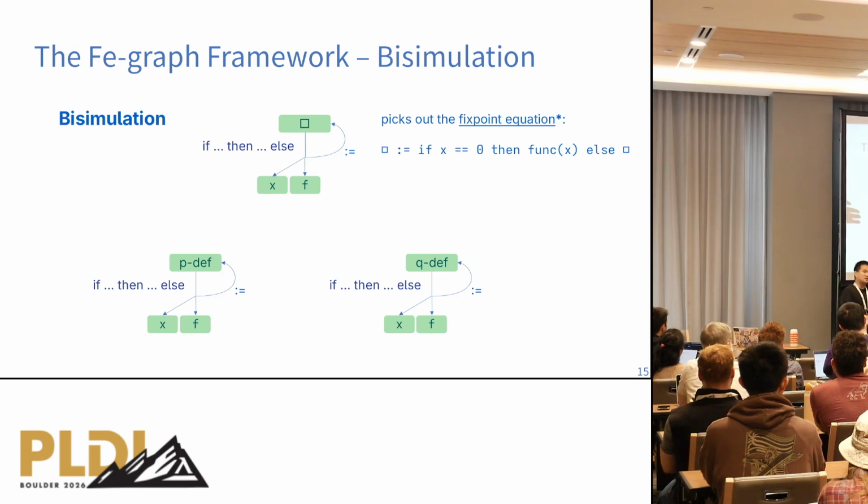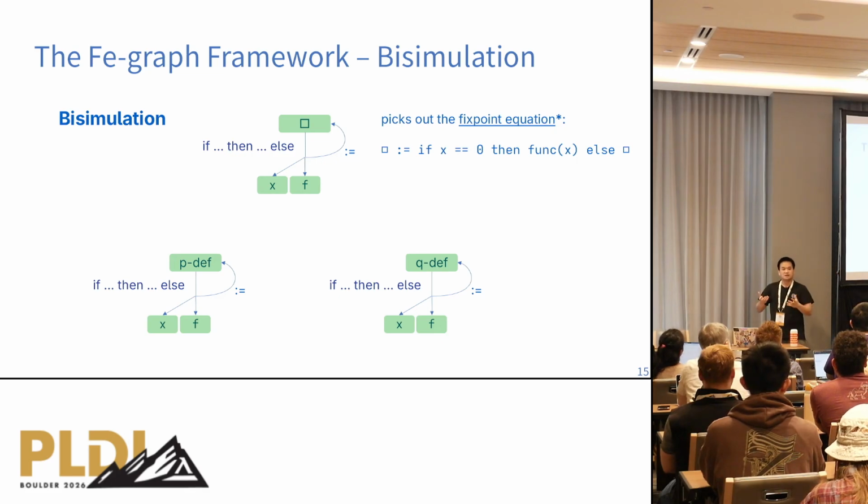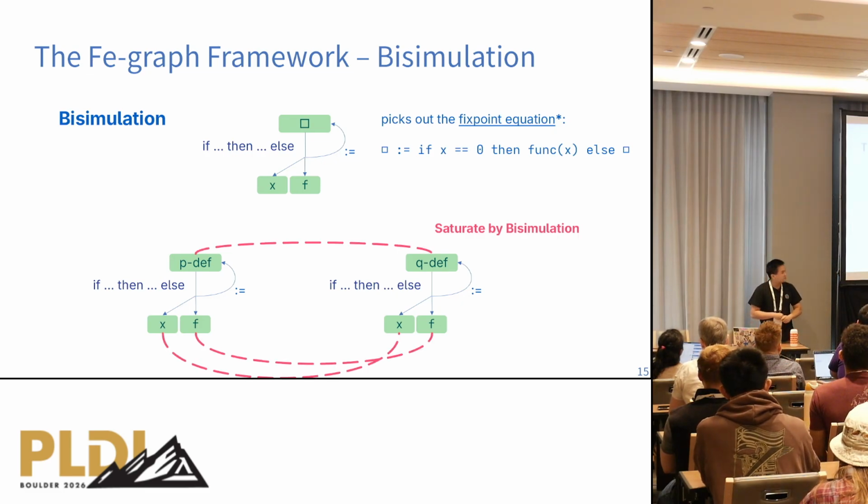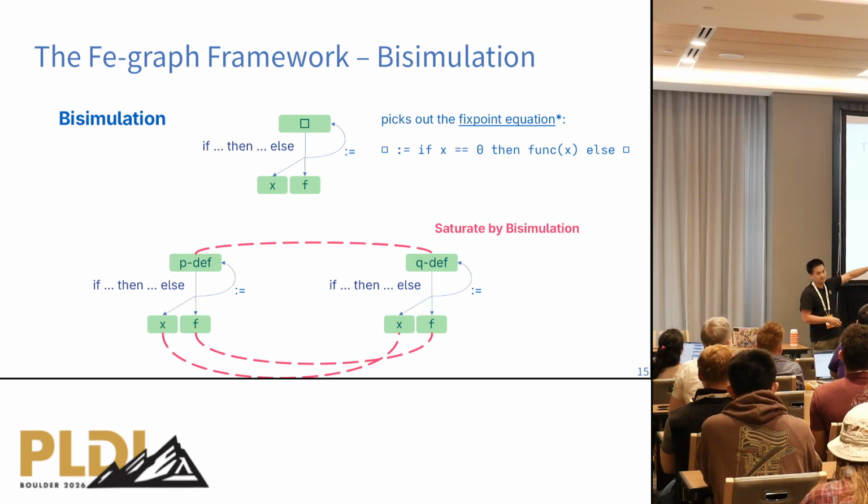This is exactly the fixed point equation we exhibited in the beginning to demonstrate that P and Q are supposed to be the same. And bisimulation is exactly doing that. So intuitively, bisimulation is extracting a fixed point equation that unifies the solution of two E-classes. And therefore, we can saturate by bisimulation because the equality is valid.